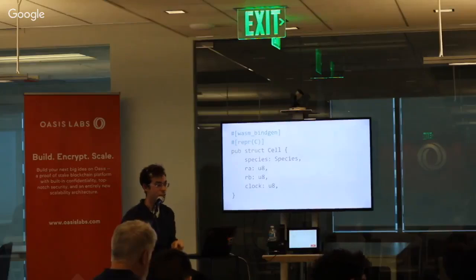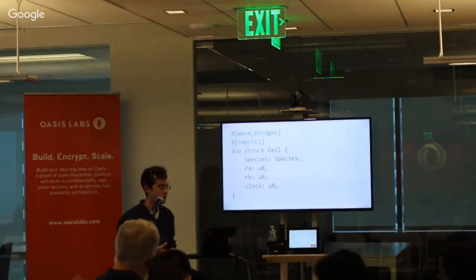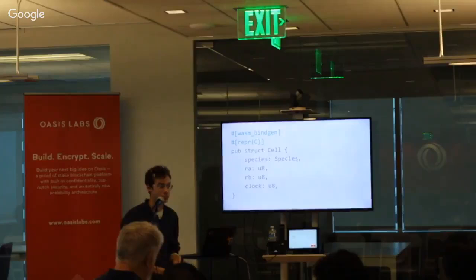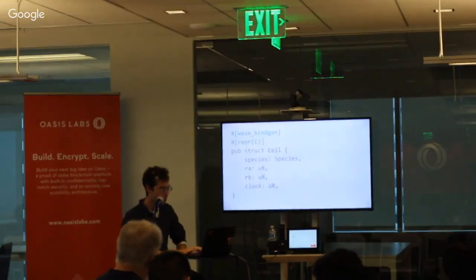And repr(C) means represent this data in memory the way it would be represented in C. It's worth noting here, just because it seems like really low level detail, that this lets you sweat those low level details, even though you're running in the browser. So it's kind of cool that you can add your data structure and then say exactly how you want it represented, and I took advantage of that.